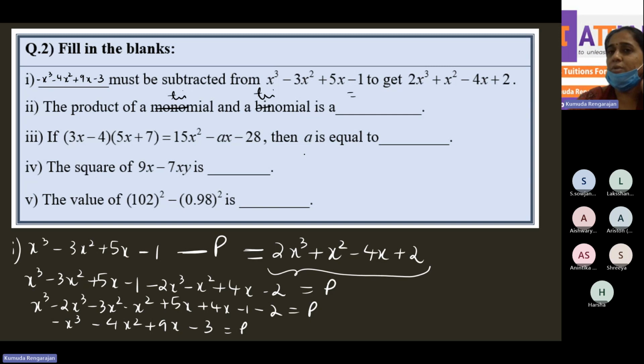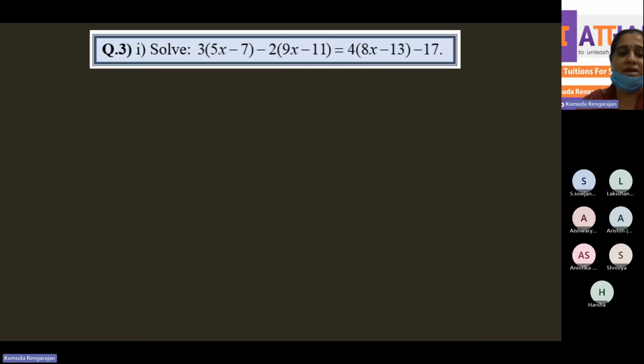How many terms will the product of a trinomial with a trinomial have? 3 into 3? 9 terms. It will have 9 terms. Trinomial with a trinomial will have 9 terms. Okay, let's do that.